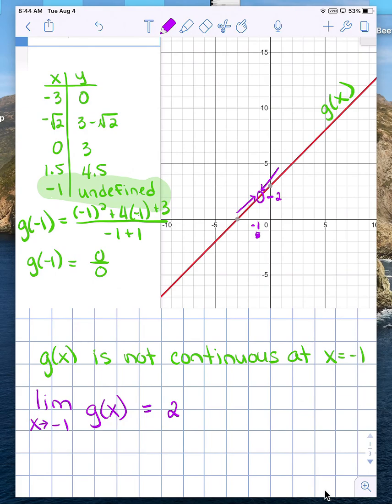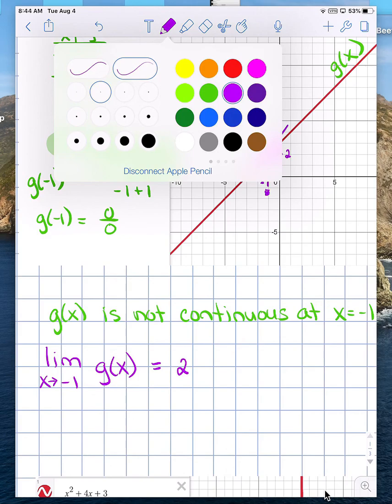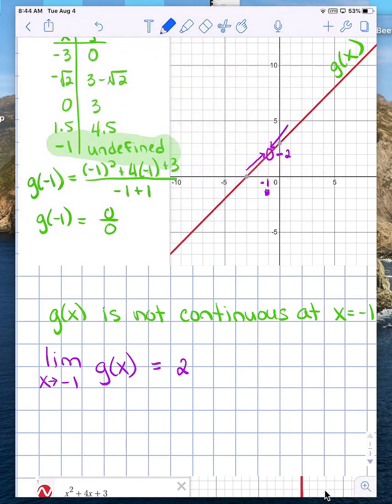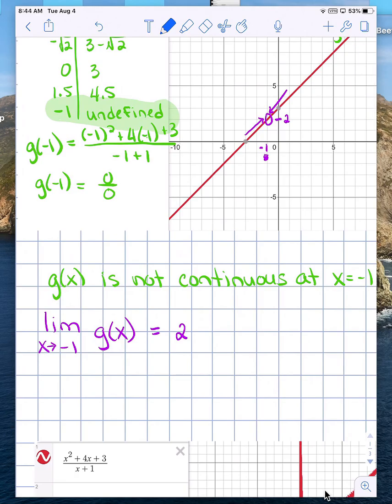This is a really, really important concept in calculus. Sometimes it's not that we are equal to that value, it's what is the behavior of the function as we get close to that value. So remember the definition: what is the value g of x is getting closer to.